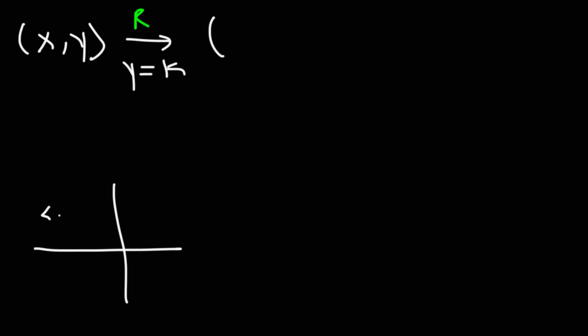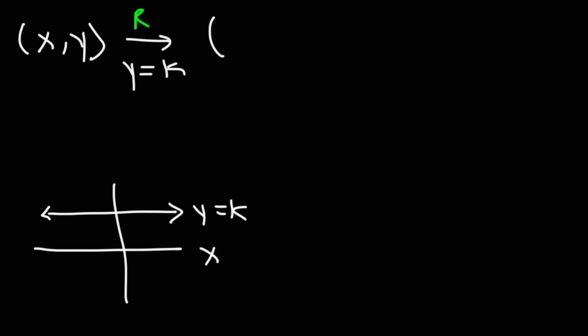Now let's go back to our original ordered pair. This time, we're going to reflect it about the line y equals k. Now the line y equals k is a horizontal line that is parallel to the x-axis.